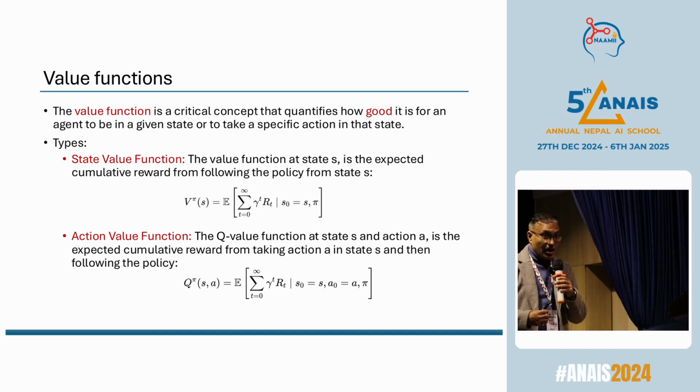Once I'm here, I'm going to move to the next state also. This continues till the end of the game, or the end of the episode. Until you reach the end of the episode, you're going to get a reward in every step.